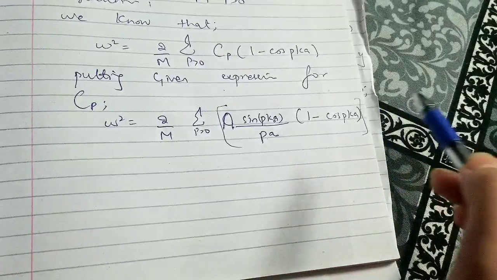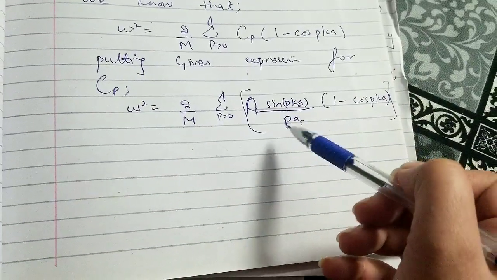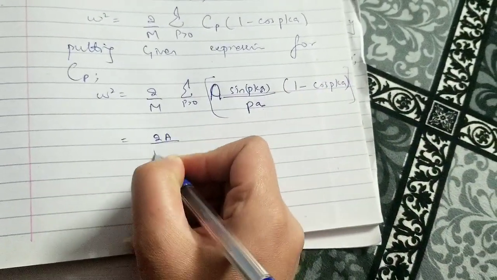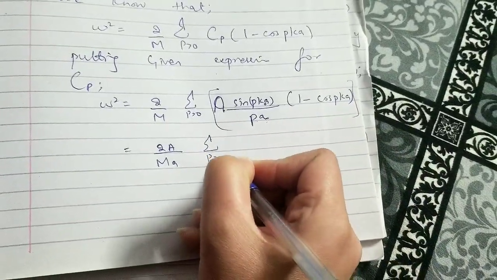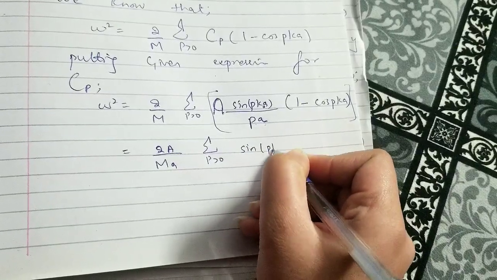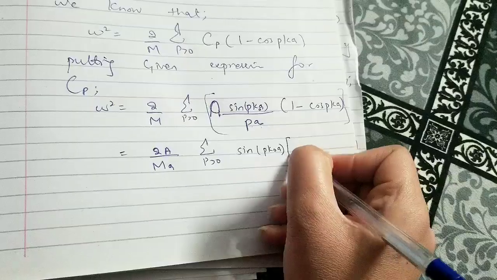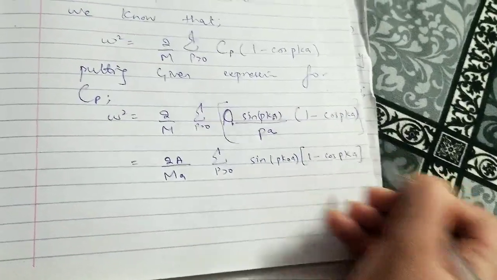Capital A and small a are independent of p, so they will come out of the summation, and we'll be left with sine(p k naught a) as the angle, and 1 minus cos(pka).